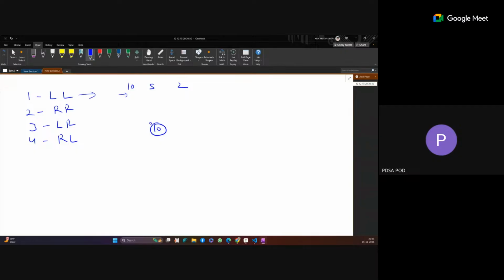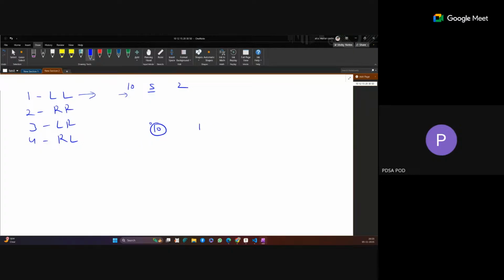This is the step by step process. At every insertion we will calculate the balance factor from the new node position to the root node. So 10, balance factor is 0. This is balanced. Now we will insert 5. 5 is smaller than 10, so it should be added to the left side.